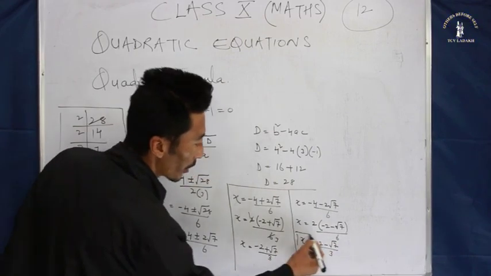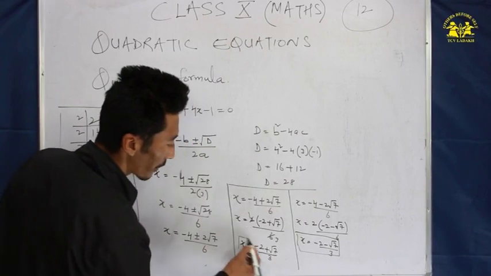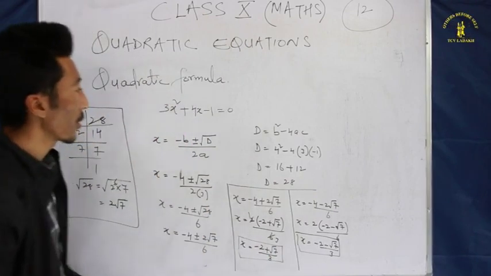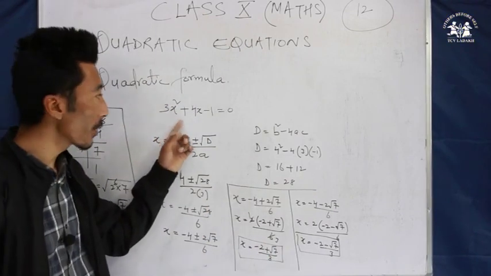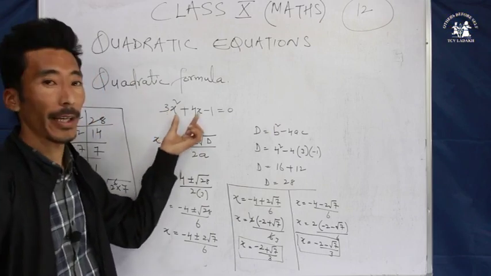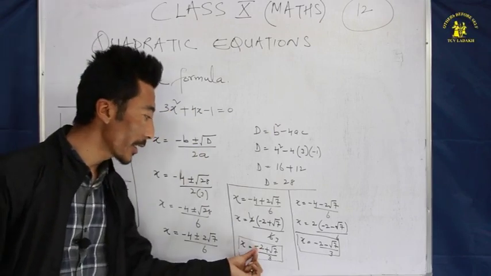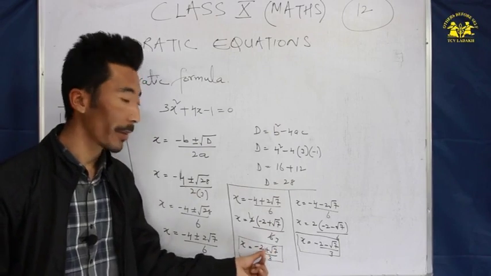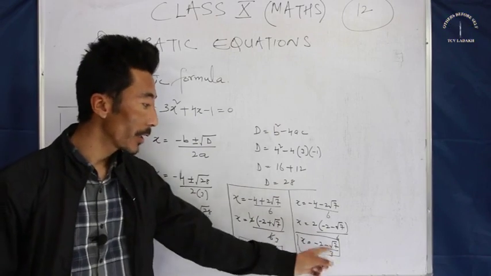In the end, the x values are -2 plus root 7 by 3 and -2 minus root 7 divided by 3.